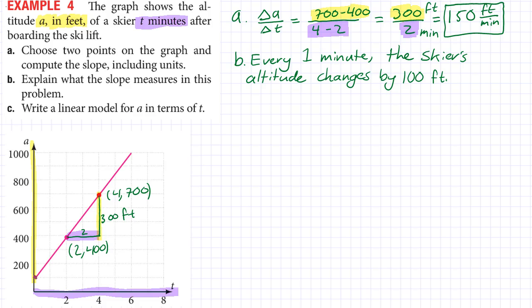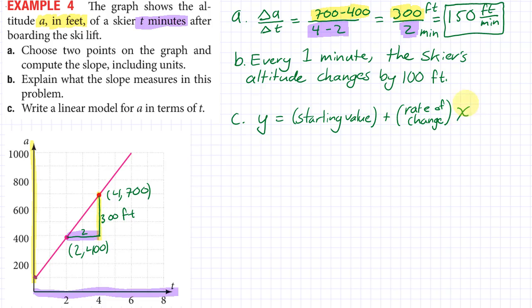Now, to write a linear model for A in terms of t, we're going to use the same idea as we did back in 1.1, where the general form for a linear model is y equals the starting value plus a rate of change multiplied by x.